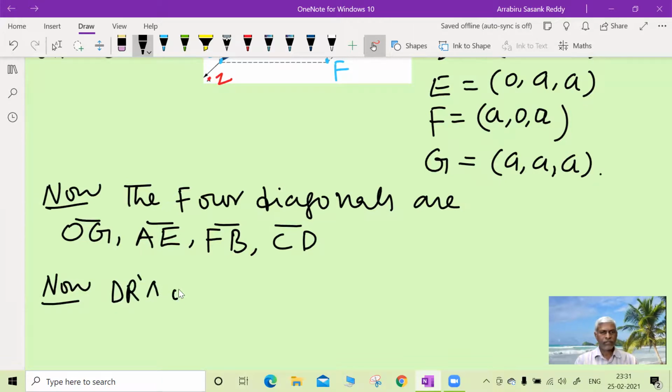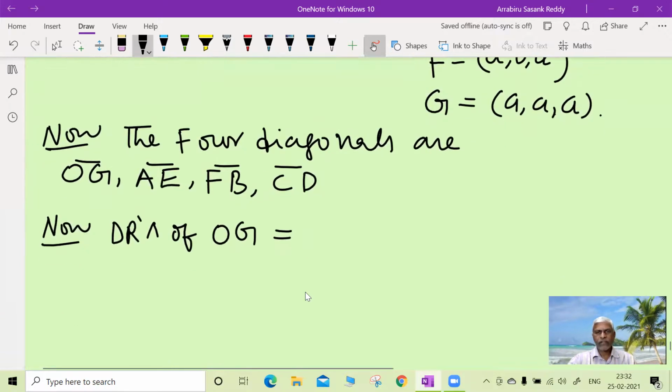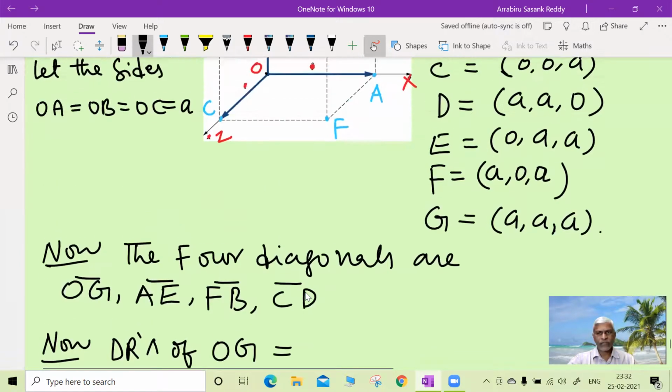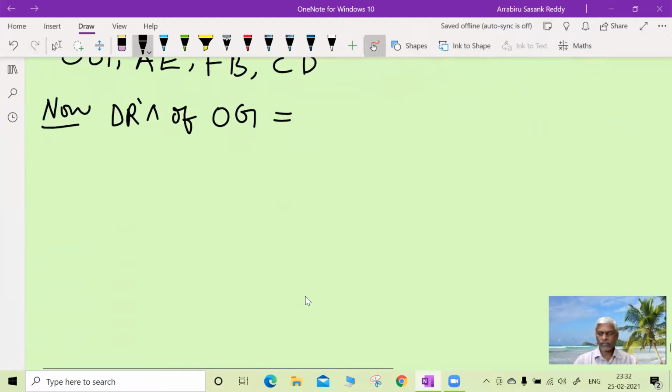Direction ratios of the diagonal OG are x2 minus x1, y2 minus y1, z2 minus z1. So OG: a minus 0, a minus 0, a minus 0.